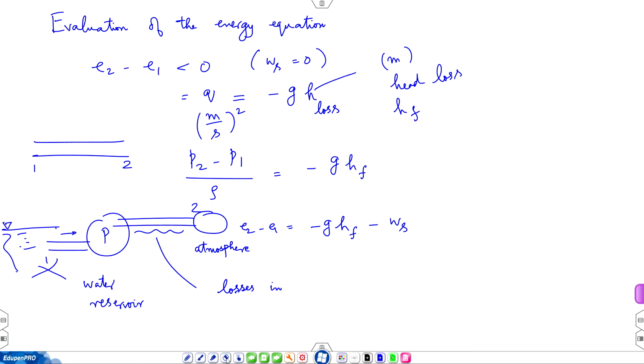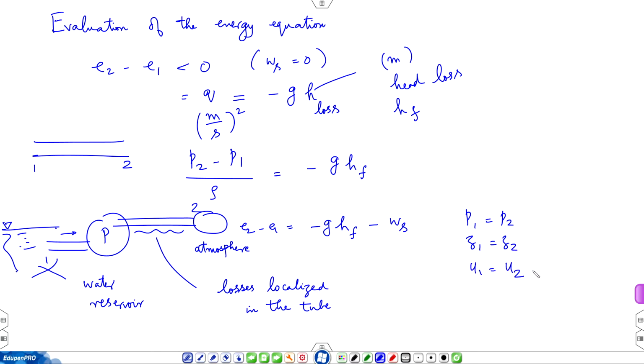Localized is the word. So, P 1 equal to P 2, Z 1 equal to Z 2, U 1 equal to U 2.